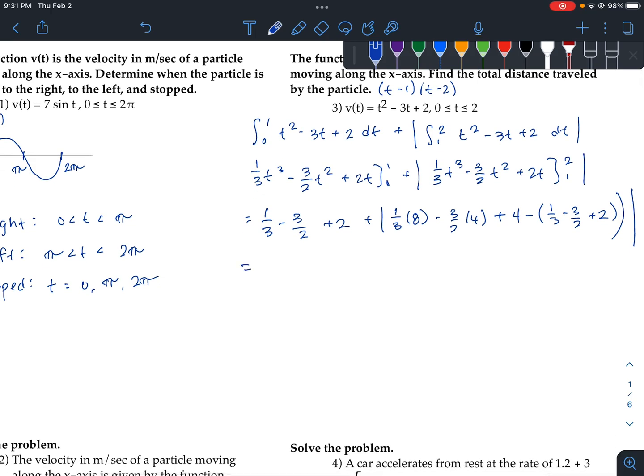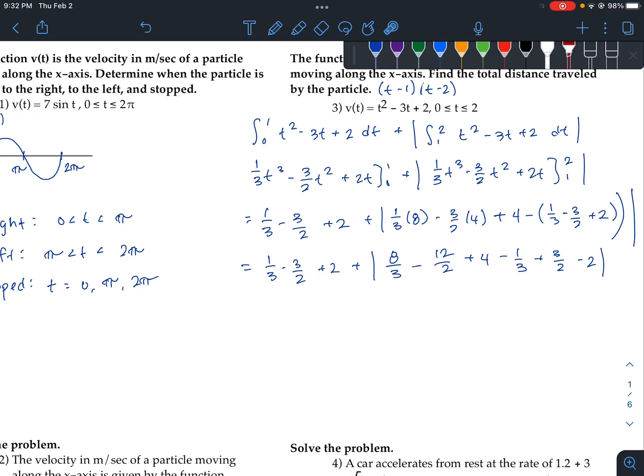So this is going to be equal to 1/3 minus 3/2 plus 2, plus, I'm going to simplify now, so this will be 8/3 minus 12/2 plus 4 minus 1/3 plus 3/2, and then minus 2.